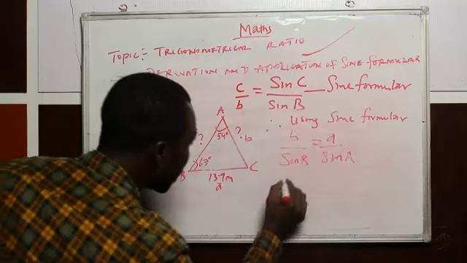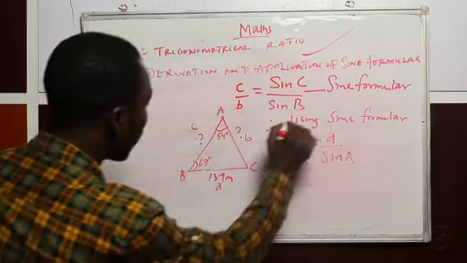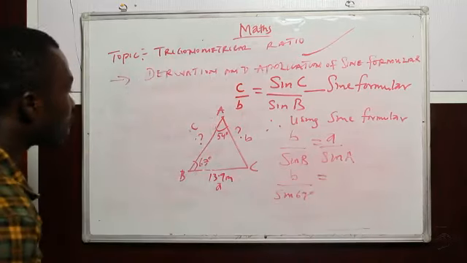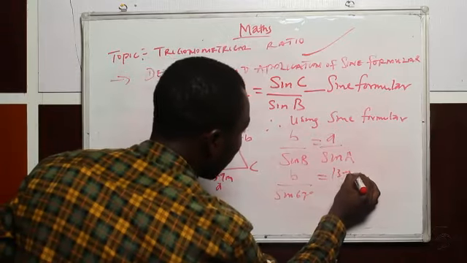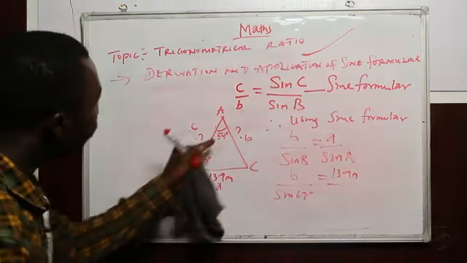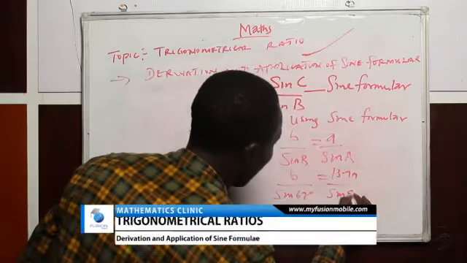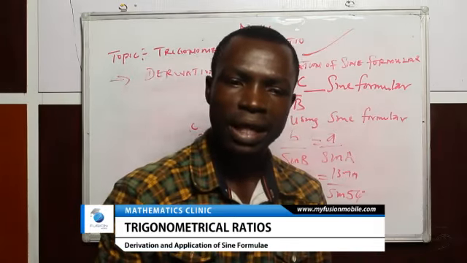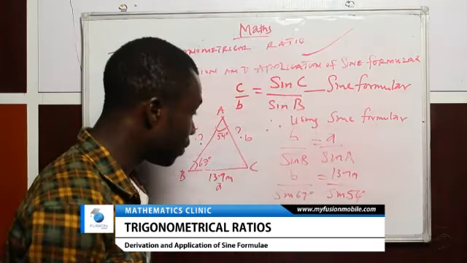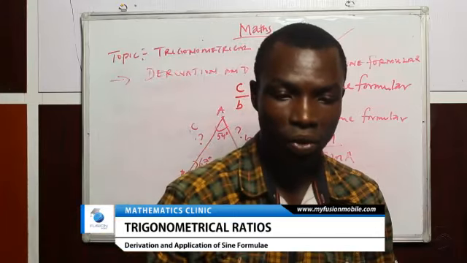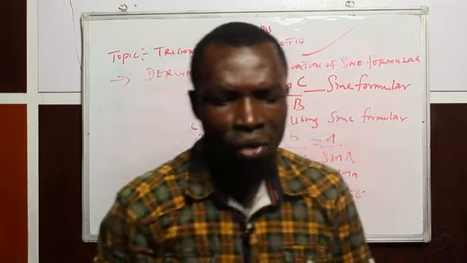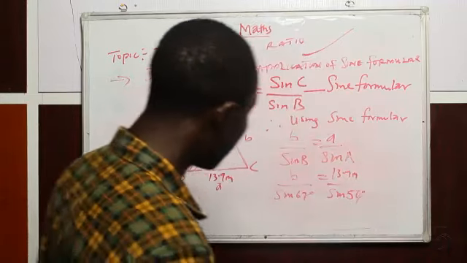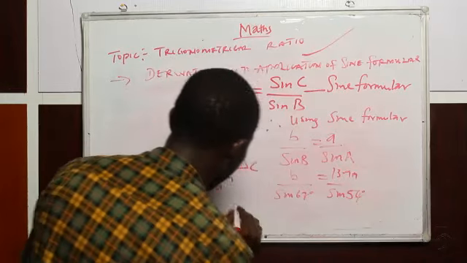Our side b over sine 67 degrees is equal to a, which is 13.9 meters, over sine 54 degrees. I'd like you to use your calculator. What is sine 67 degrees and what is sine 54 degrees? Sine 54 degrees in your calculator should be 0.8090.